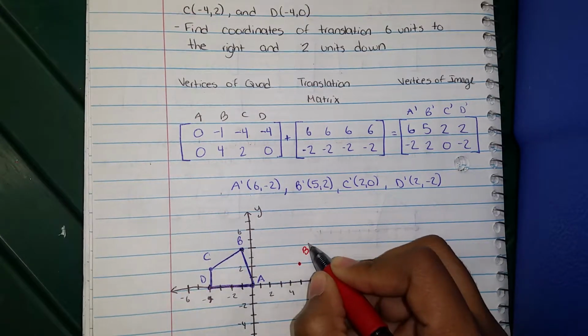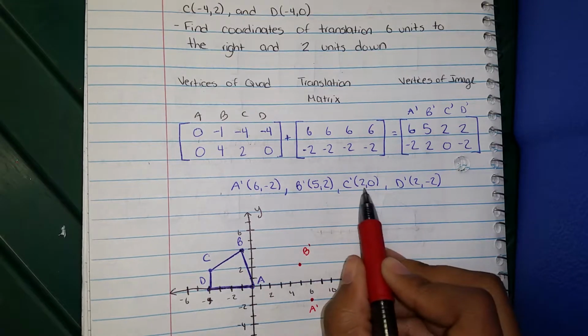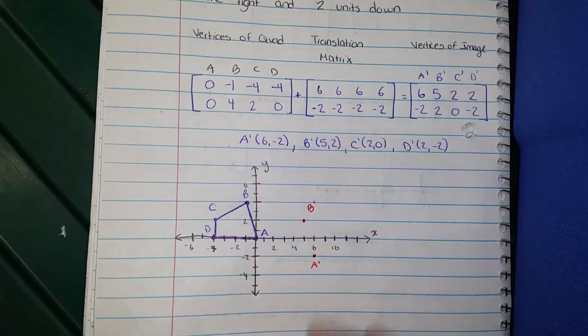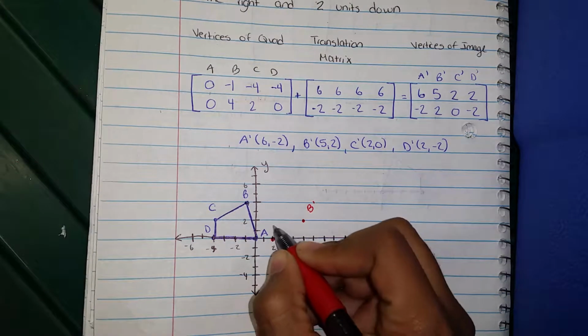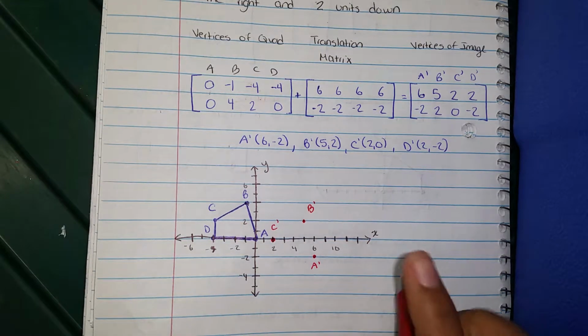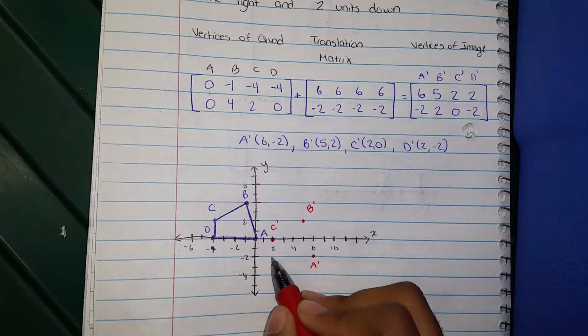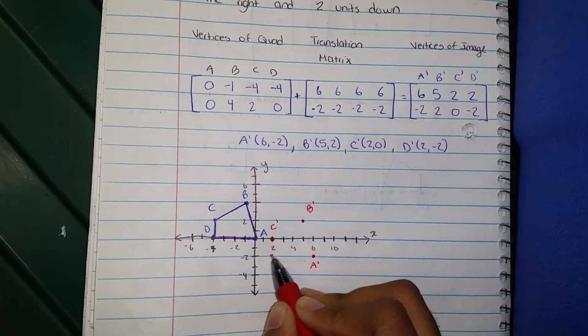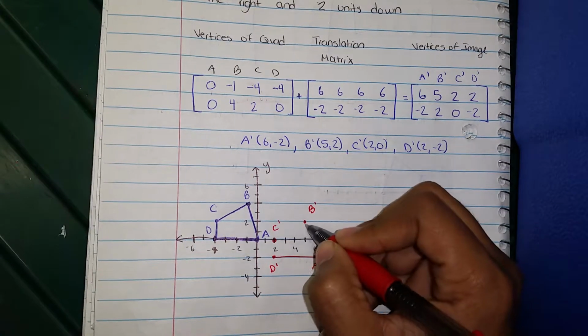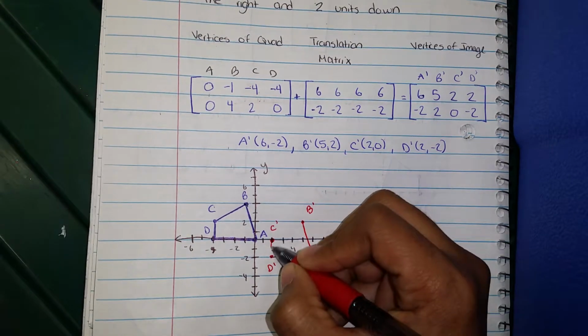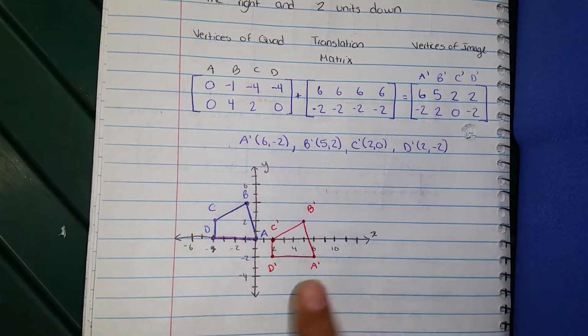This is B prime. We get C prime, which is 2, 0. Let me move this up. 2, 0, that's here. So this is C prime. And then we have D prime, which is 2, -2. That's D prime. If I connect these vertices, notice I get a translation.